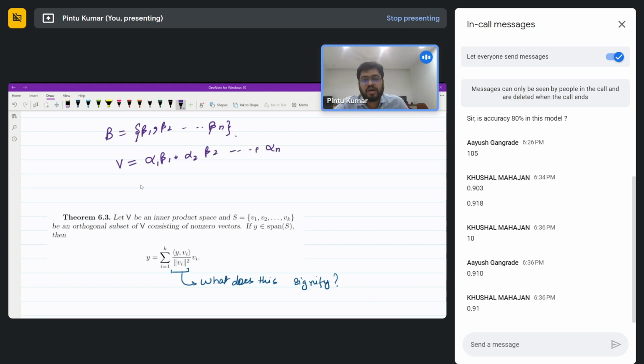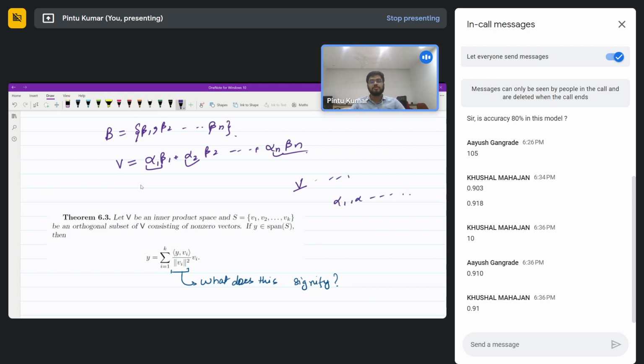So you have to calculate these alpha 1, alpha 2 and so on. But if you have an orthogonal basis, or a linearly independent orthogonal set, then you can easily calculate your alpha 1s and alpha 2s.